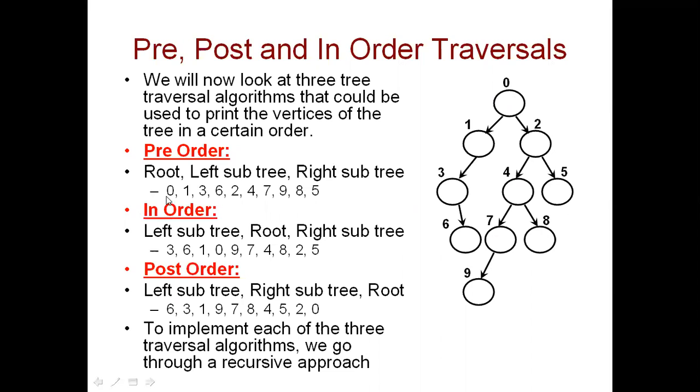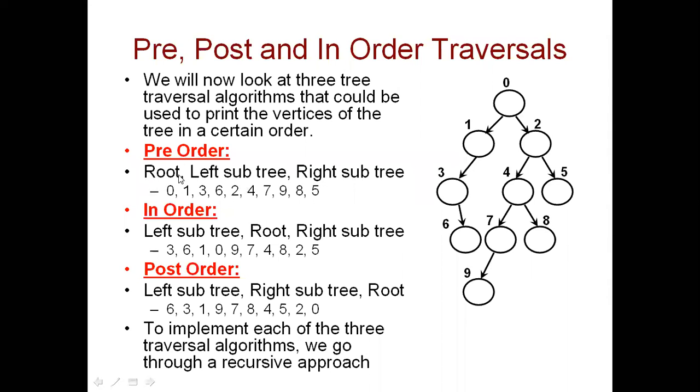So we list the root node 0. Then, as the rule states, we go to the root node first and print its ID, then go to its left subtree and print the IDs of all the nodes in the left subtree, and then go to the right subtree and print all the node IDs in the right subtree.